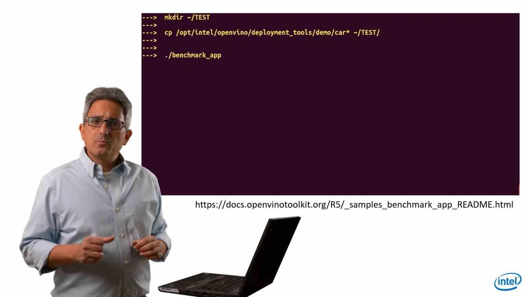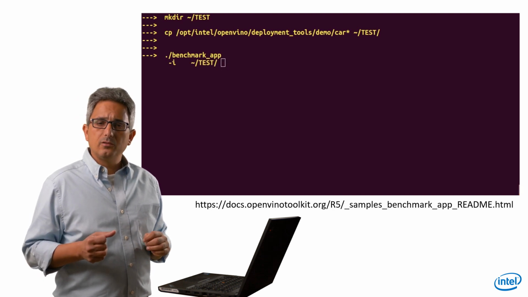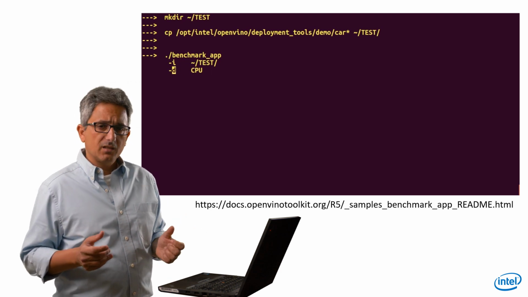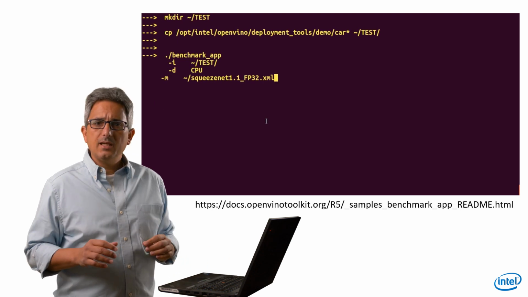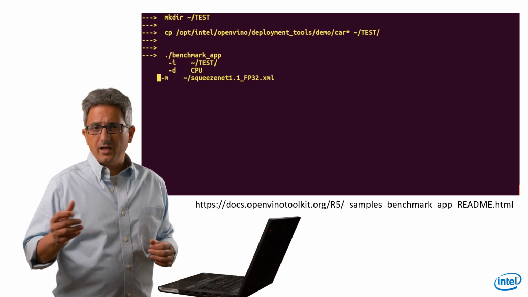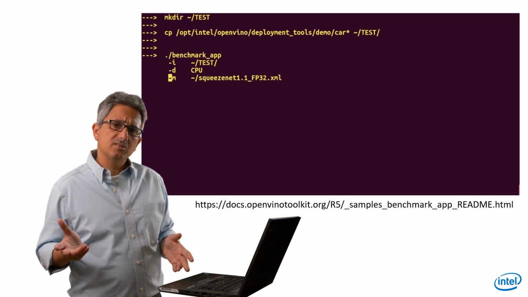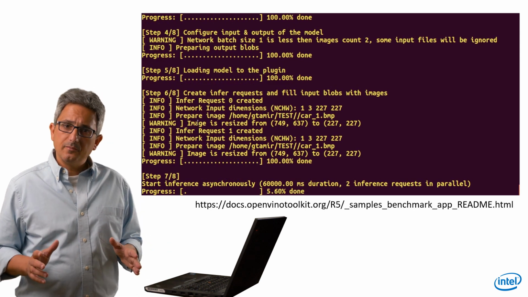Now let's run the benchmark app. -i is the input images folder. -d can be any of the supported devices. Let's run it first on the CPU. -m is the model.xml, the IR file you generated using the model optimizer. I'll use a SqueezeNet model, and the model is running.